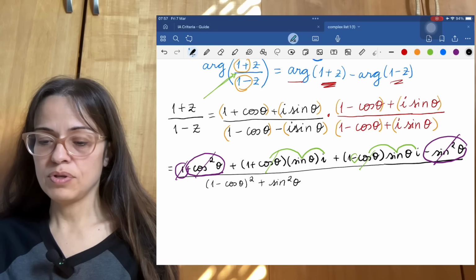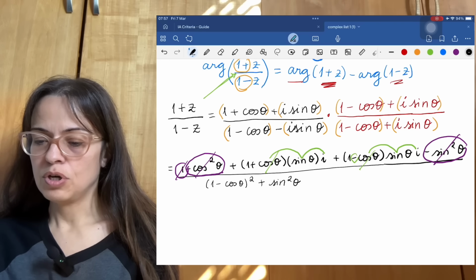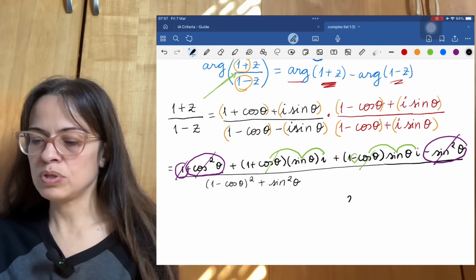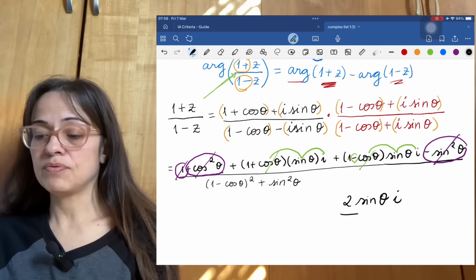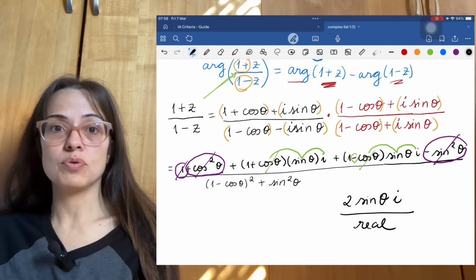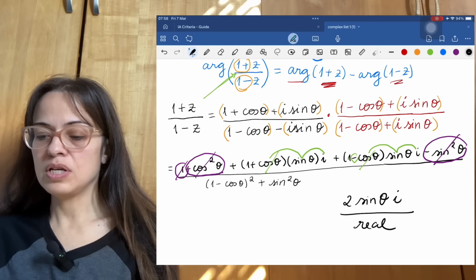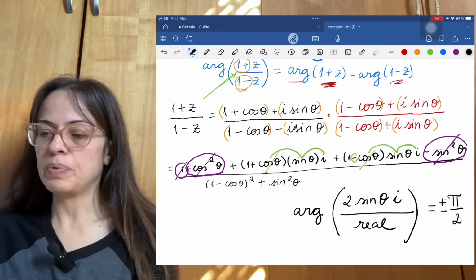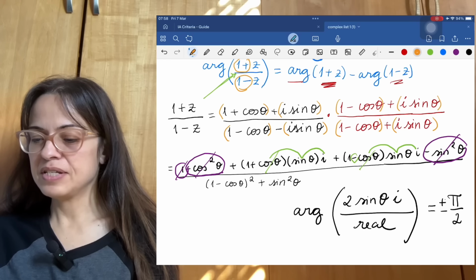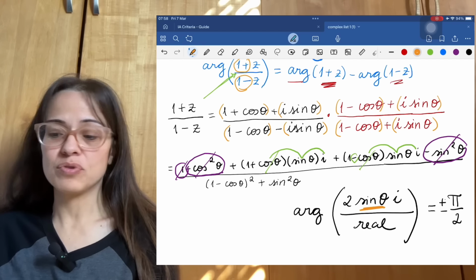So the only thing that remained in the numerator was 2 sine theta I. And remember, that is divided by a real number, whatever one that is. So the argument of such a thing, well, it's going to be plus or minus pi over 2, depending on whether this number sine of theta is a positive or a negative number.